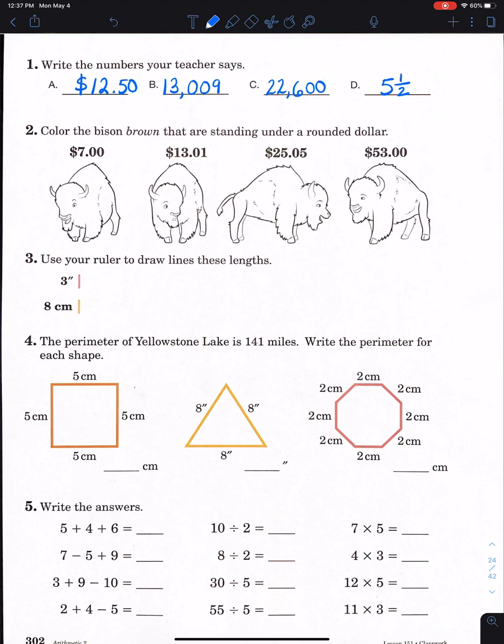All right, number 2 says, color the bison brown that are standing under a rounded dollar. A rounded dollar means there will be no cents, okay? So there will be nothing past the decimal besides zeros. It's just like saying, you see a toy that costs $4.99.